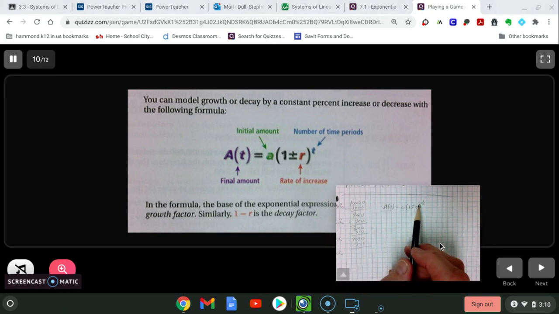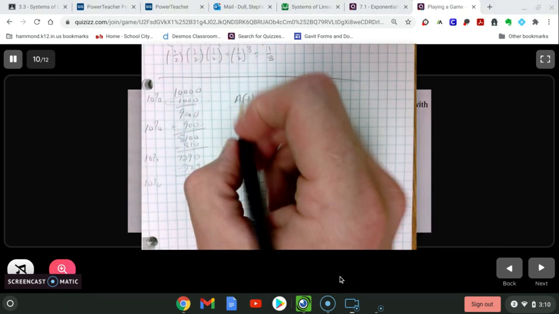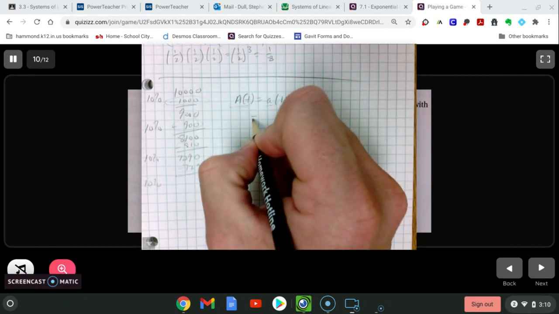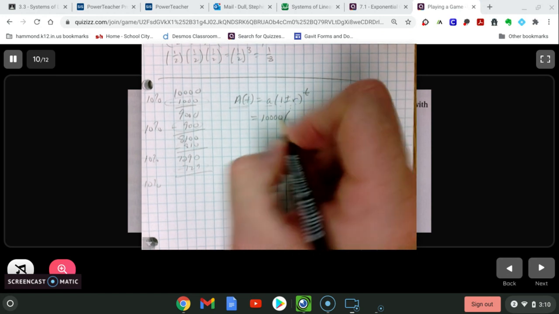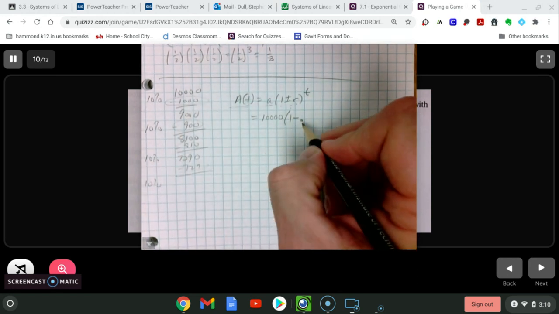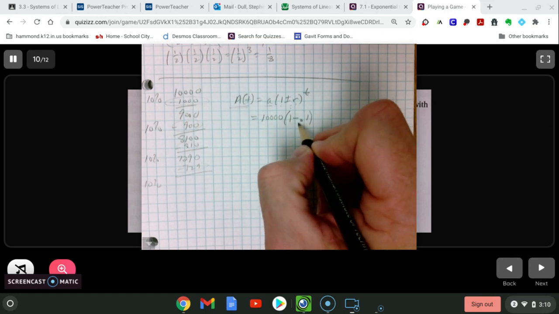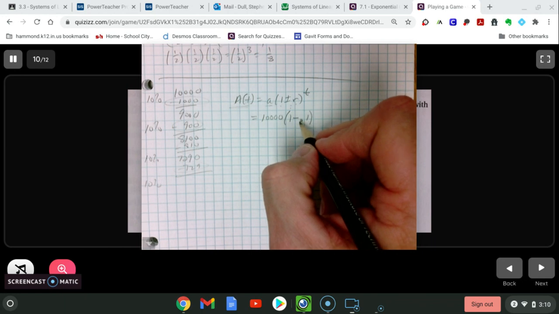So let's take a look at what that would look like in our car example. So if the car's initial value was $10,000, that would be my initial. It's losing 10% per year. So 1 minus, and then this is critical. If I go 1 minus 10, I'm going to get negative 9. That's not going to make any sense here. That value can't be negative, right?